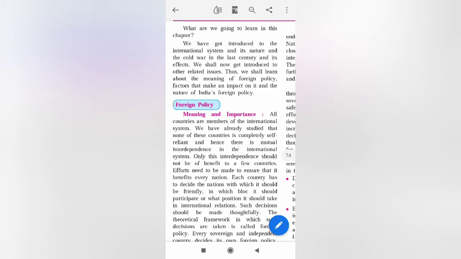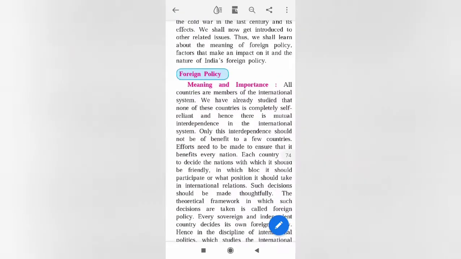Then at last we saw the Cold War came to an end. America became superpower. But yet, the problems were there. The problems did not end. Now, how every country tackles this problem, we are going to see in this lesson.